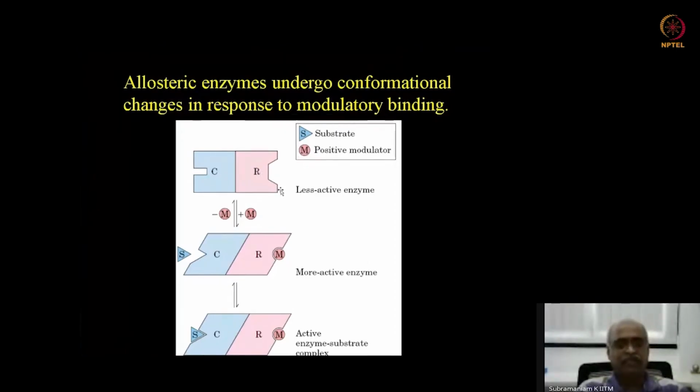That binding induces a conformational change in both the subunits, such that in the catalytic subunit where you have the active site, the shape changes and now the substrate readily binds. This kind of situation we very commonly see when we learn about cell cycle regulation.